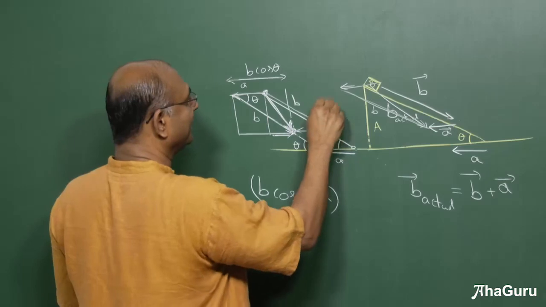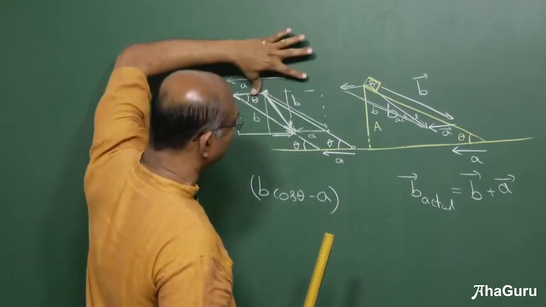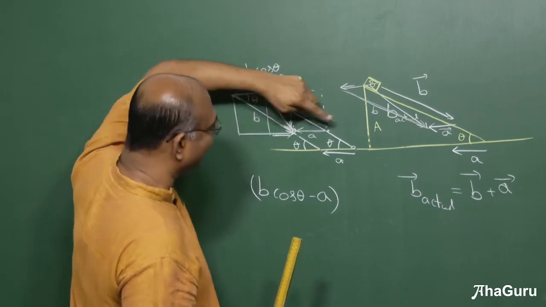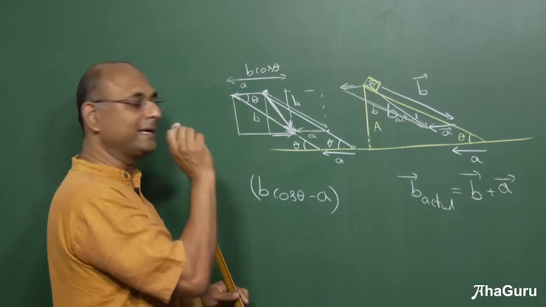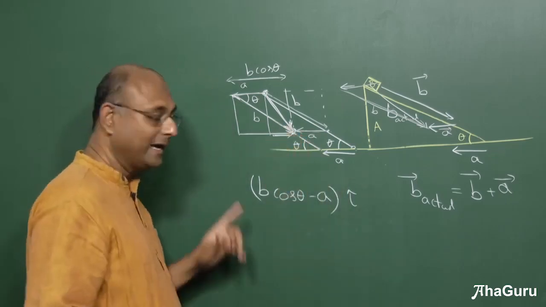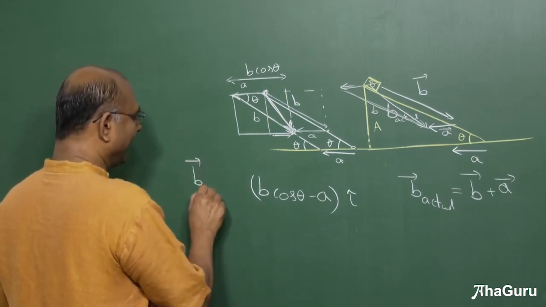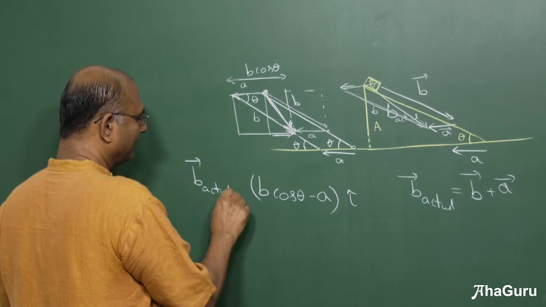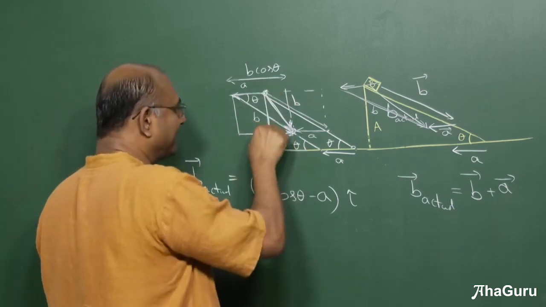You can also do it here, because this angle is theta, that angle is theta. You can say that is B cos theta, and then it came back A. So how much did it go forward? B cos theta minus A, I cap. If I want to use vector notation, I'll say I cap. Okay, so this is B actual. This is the horizontal component. And then there is a vertical component.